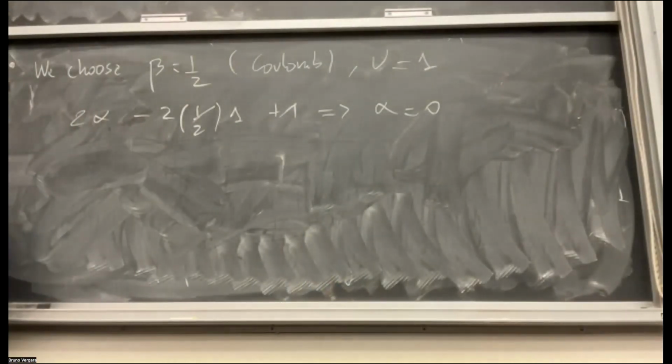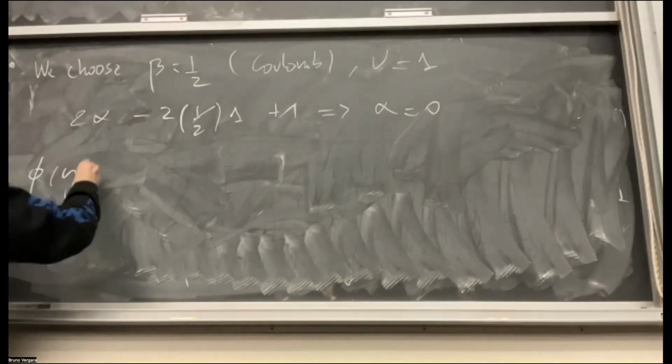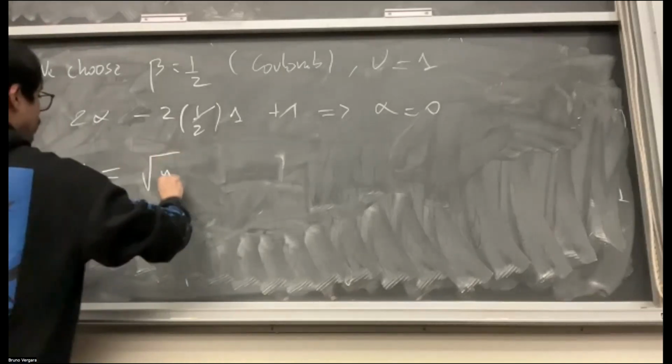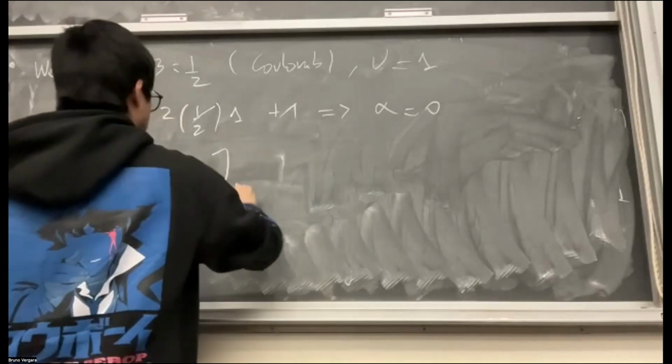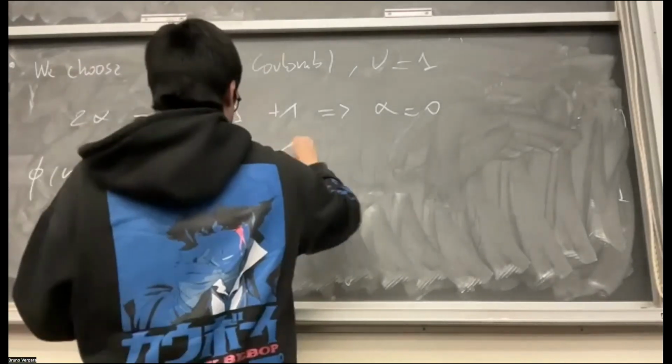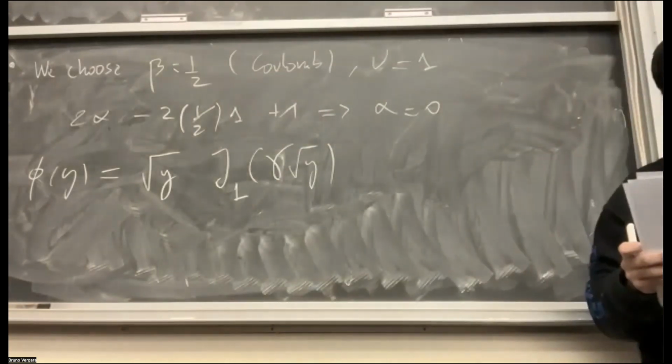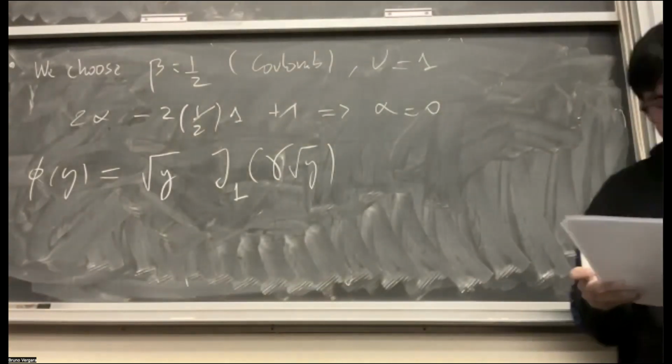So actually, the phi that I get of this ODE is going to be the square root of y, J1, and then gamma as I mentioned, and the square root of y.